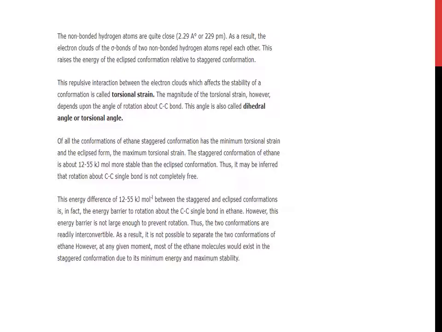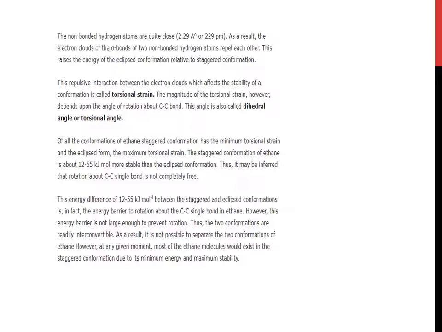So, two definitions, one definition of torsional strain, other definition of dihedral angle or torsional angle. Of all the conformations of ethane, staggered conformation has the minimum torsional strain and the eclipsed form the maximum torsional strain. The same thing I told in the last slide.